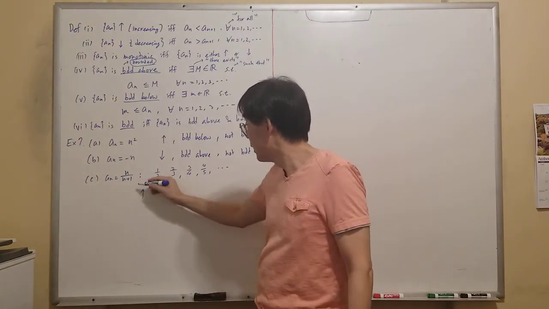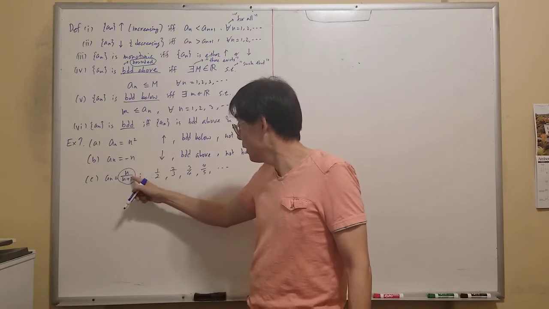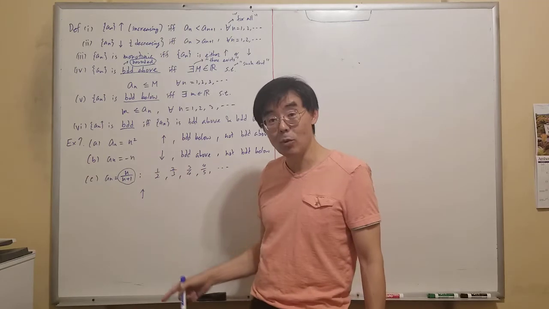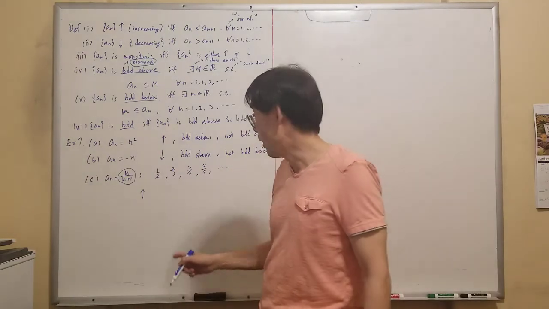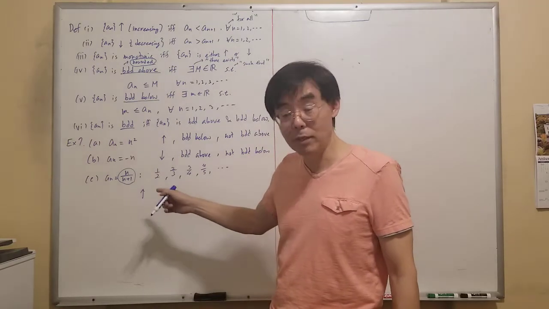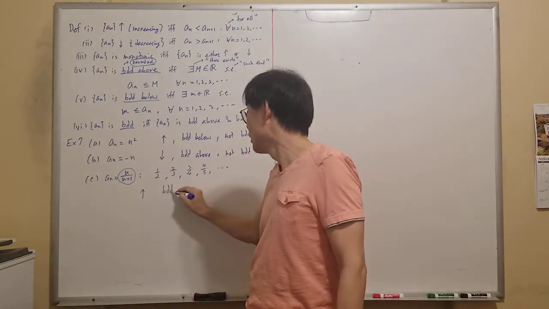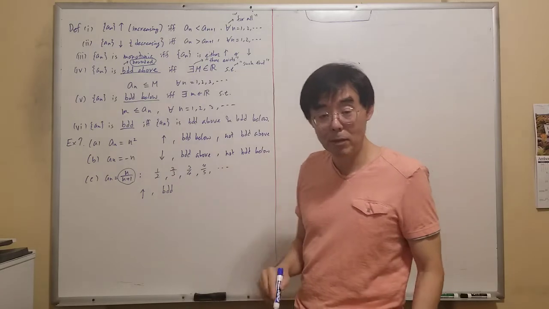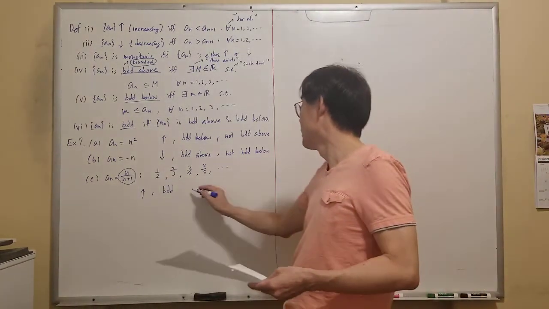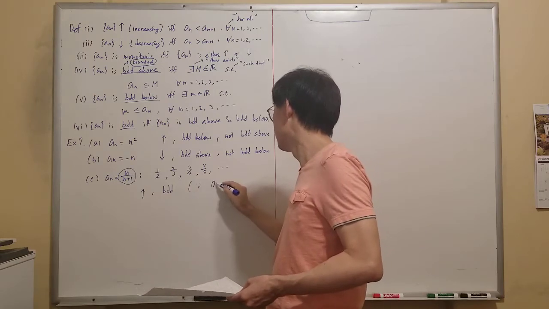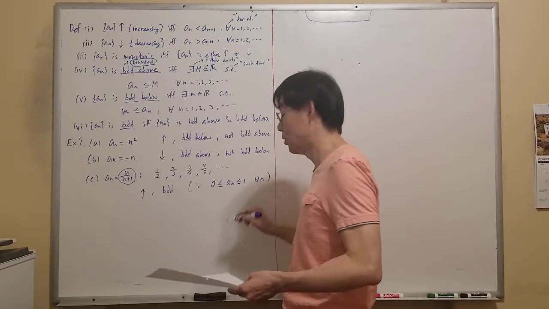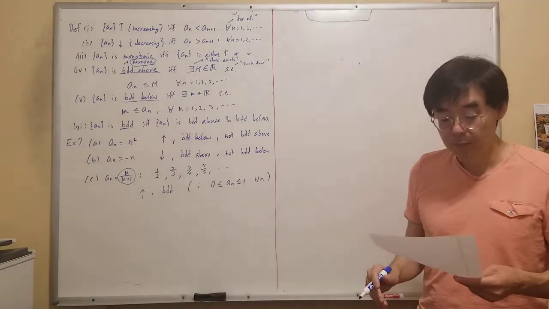And this will never be equal to 1. See, your numerator is smaller than the denominator, which means it's less than 1. So 1 is your upper bound. So you have an upper bound and a lower bound. Everything is between 0 and 1. Because it is bounded above and bounded below, it is bounded, because a_n is always between 0 and 1.